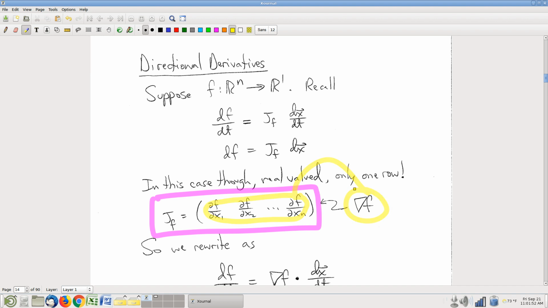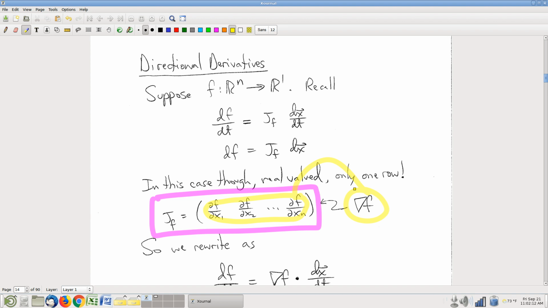Go way back to 13.6, I guess it was. This was a notational convenience that we wrote down, a convenient way of writing down differentials.